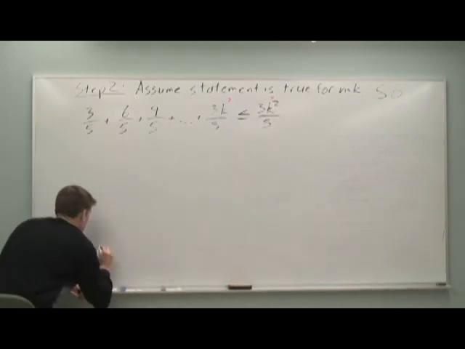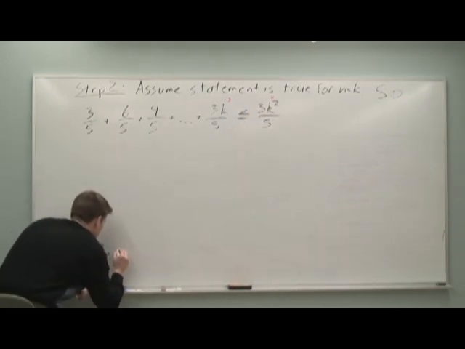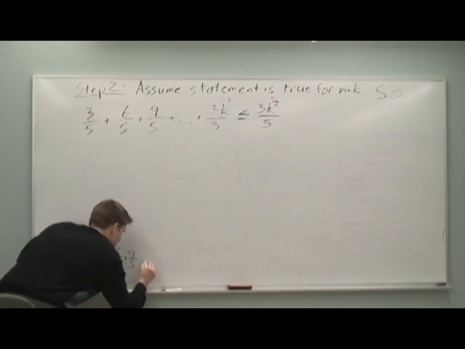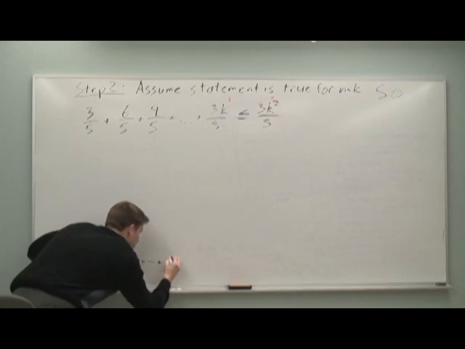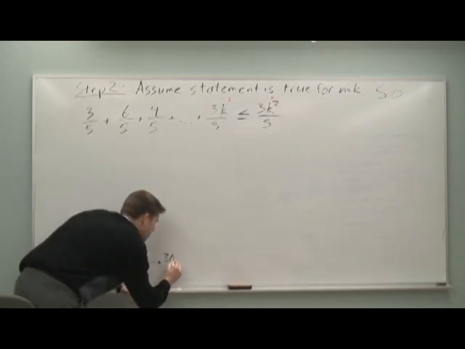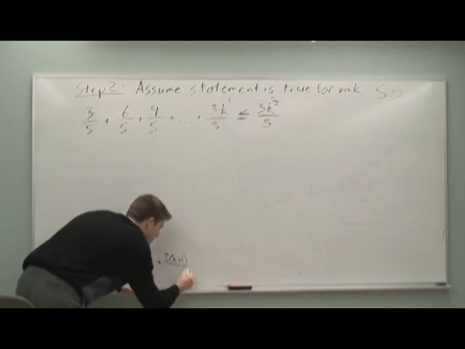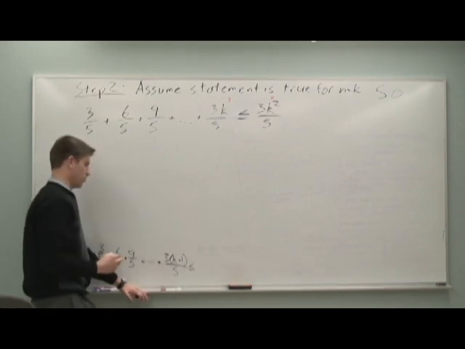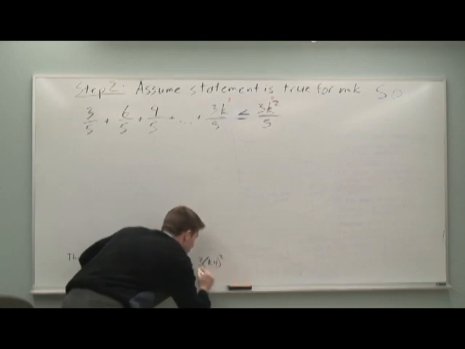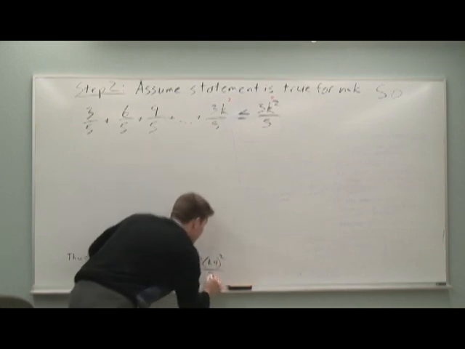So thus, 3/5 plus 6/5 plus 9/5 plus 3, I want a k plus 1 in here. I need to put parentheses because the whole thing needs to be multiplied by 3/5, is less than or equal to 3 times k plus 1 squared over 5.